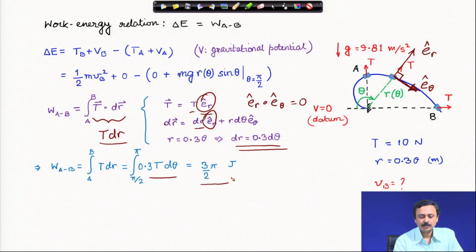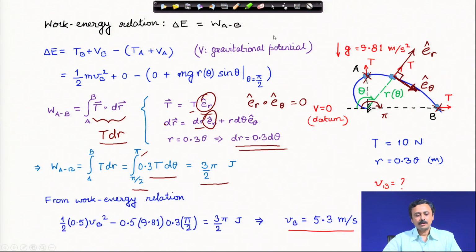Therefore, by taking this integral, theta starts from the A position, which is at theta equal to pi by 2, to theta equal to pi, when the collar reaches position B. Now, it is straightforward algebra.